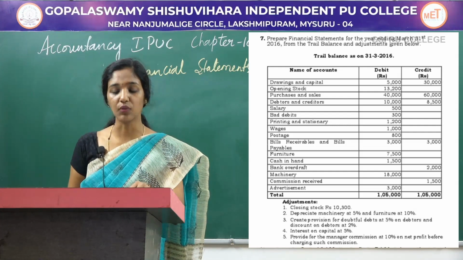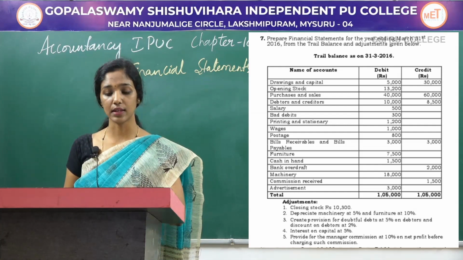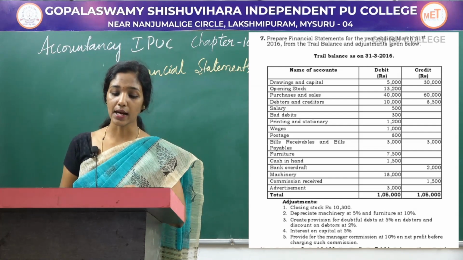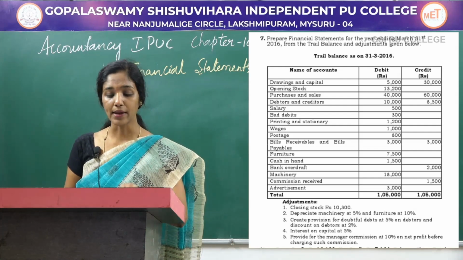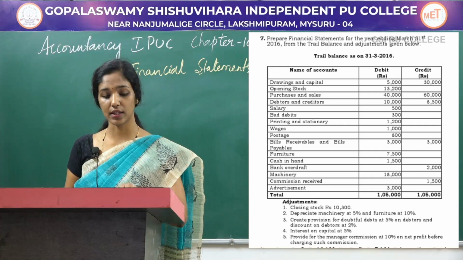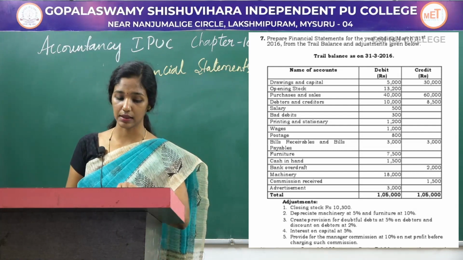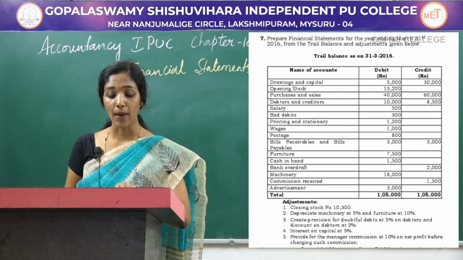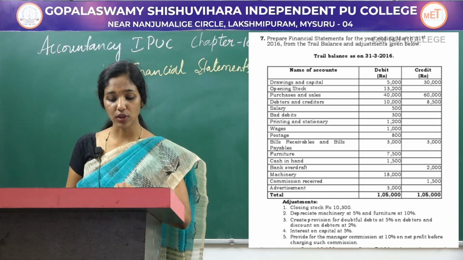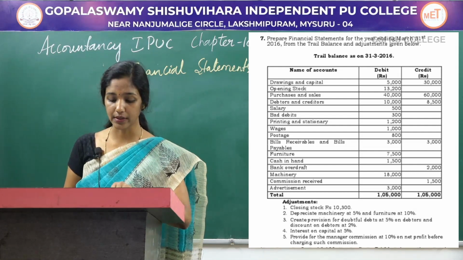Drawings and capital 5,000, 30,000; opening stock 13,200; purchase and sales 40,000, 60,000; debtors and creditors 10,000, 8,500; salary 500; bad debts 300; printing and stationery 1,200; wages 1,000; postage 800; bills receivable and bills payable 3,000, 3,000; furniture 7,500; cash in hand 1,500; bank overdraft 2,000; machinery 18,000; commission received 1,500; advertisement 3,000.